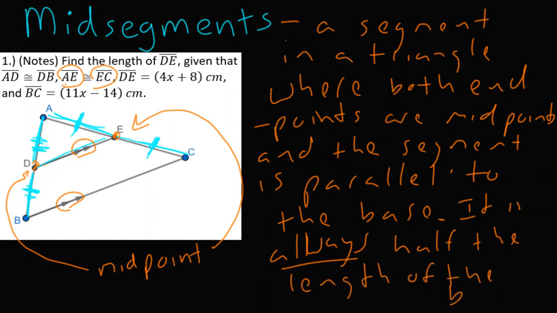And guys, that's going to be our key property as we go through these problems. So whatever DE is, let's say DE was x, well, we know that BC would be 2x. It would be double that. Alright, let's go into our first example. I would ask you all to pause this, finish writing the definition, and let's dive on in.